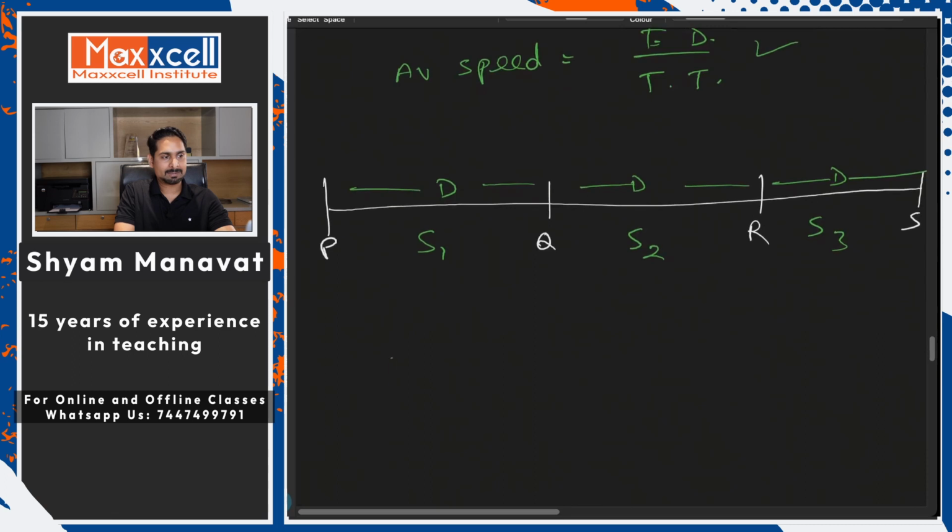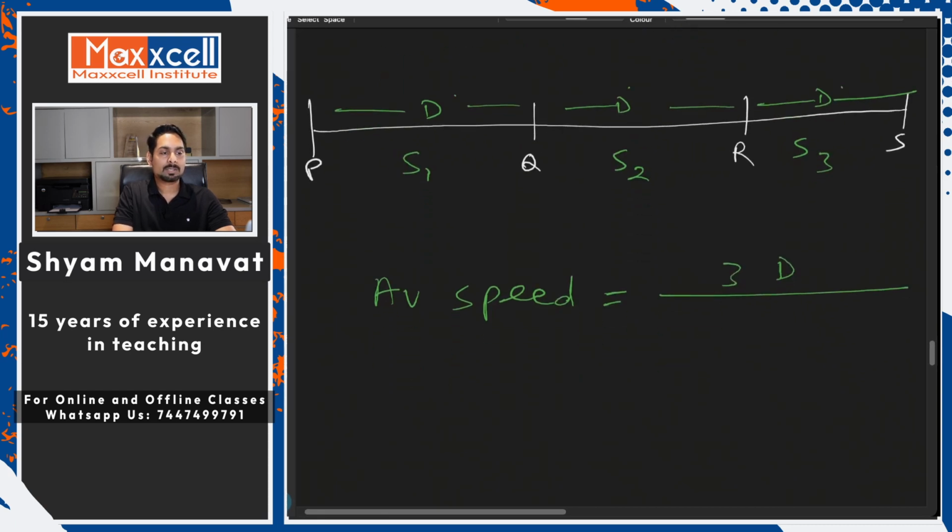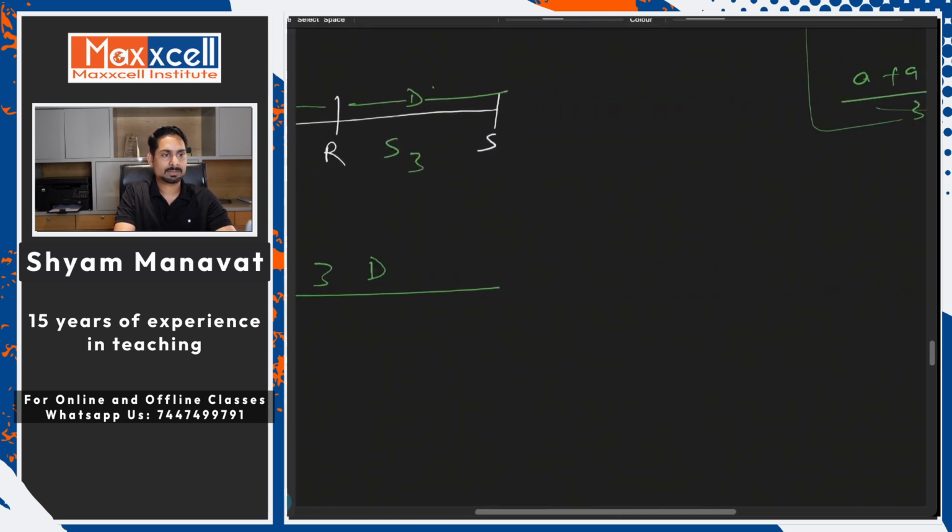Now, average speed here, as per the root formula, is total distance by total time. What is the total distance? D plus D plus D will be 3D, right? Divide by total time. If I need to calculate time, you remember this circle? Distance, speed, time.